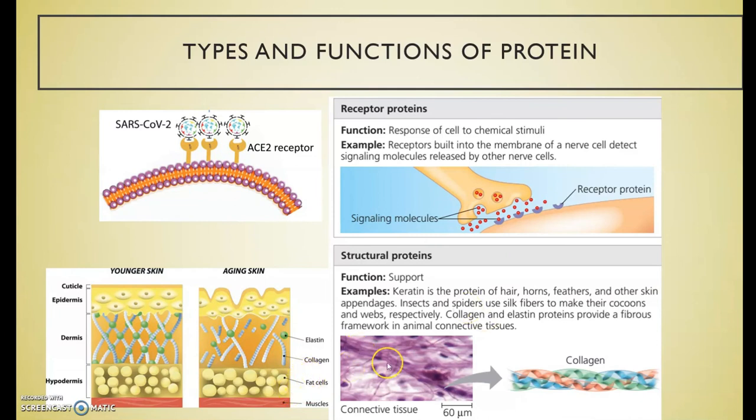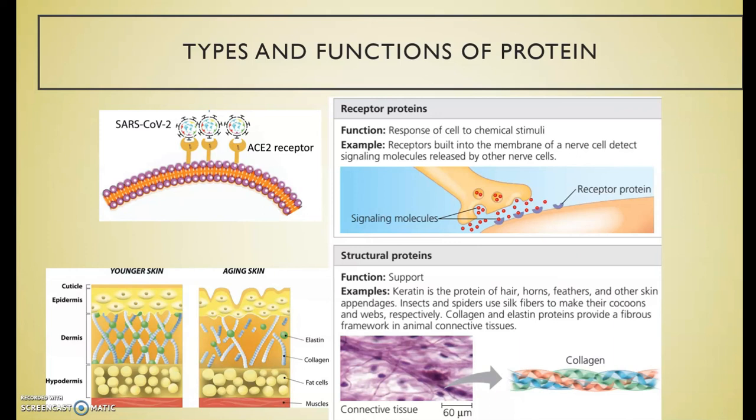Alright, so isa pang example niyan would be the silk fibers in your insects tsaka yung mga sapot ng gagamba. Okay? So yung sapot ng gagamba ay matibay, guys. Actually, pagka yung isang strand noon ay nakaya niyo pang putulin, pero pagka yun ay pinag-combine, I mean binuhol mo sa isa't isa, ay matibay yun.